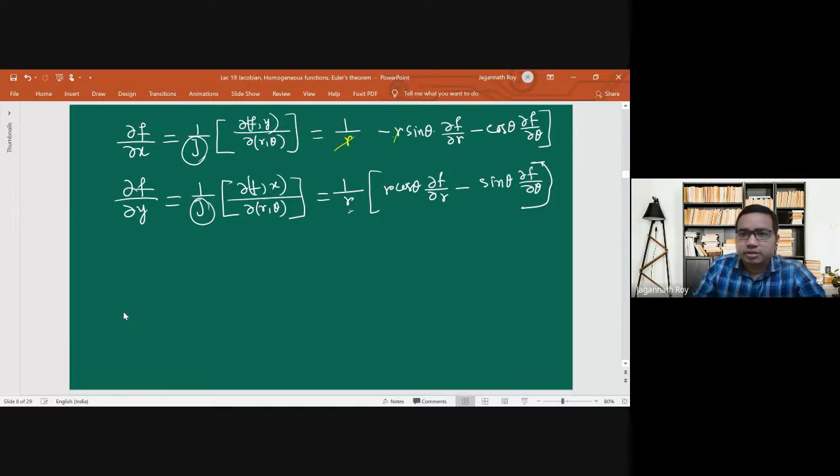If I remove this, then we will have r sin theta equals 1 by r cos theta. Similarly, r will get cancelled. Here it will be 1 by r.